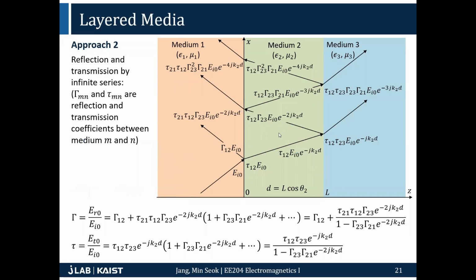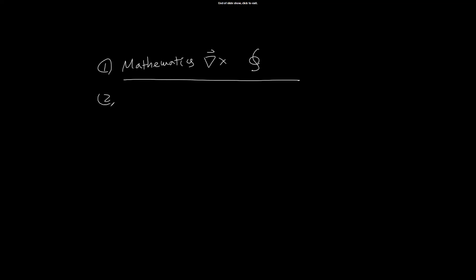Yeah, so this is it. If I recall what we learned so far, this is a kind of grand summary of everything. We begin with mathematics, right? We learned about the del operator and integration, and the meaning of these things. Second, we learned electrostatics, which was easy, right?